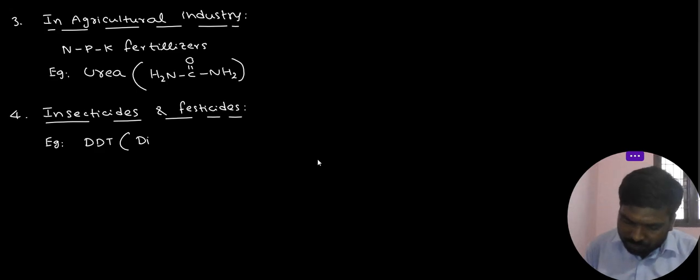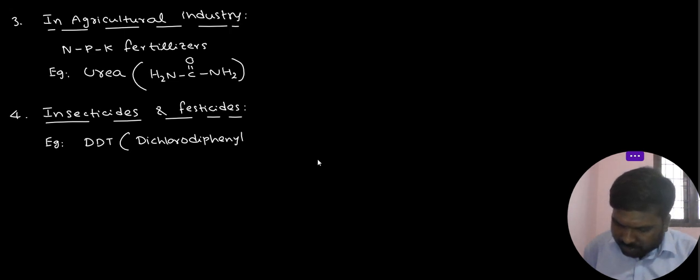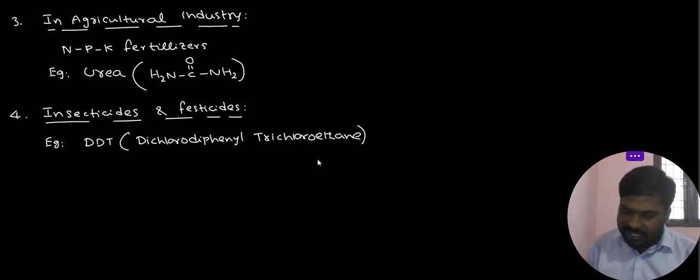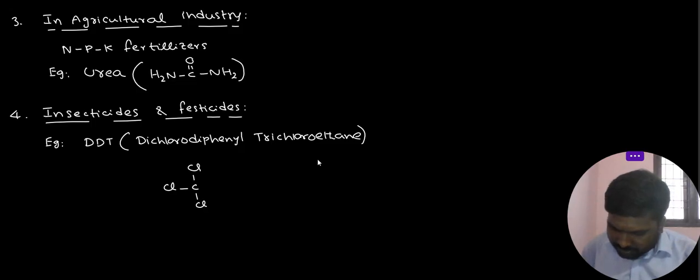DDT full form: dichlorodiphenyltrichloroethane, and its structure. So this is the DDT.